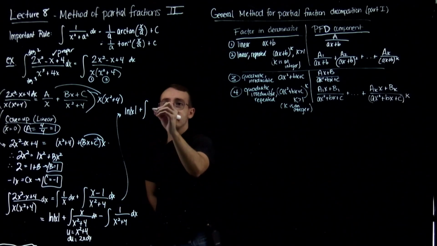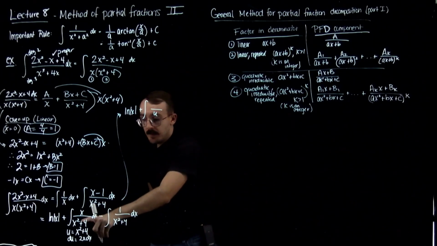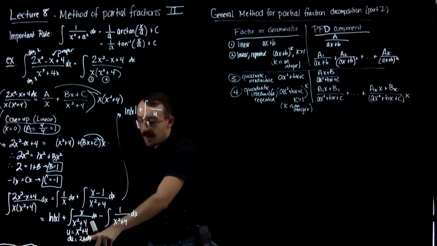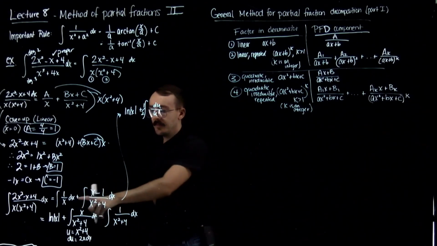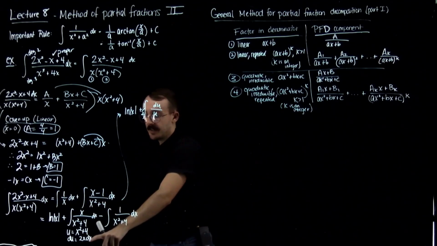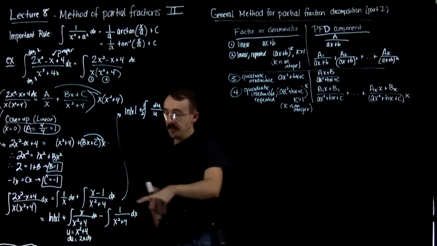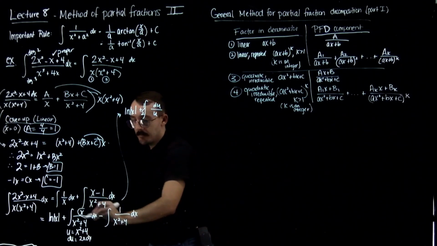Here, the denominator is u. And then here I have 1/2 du is x dx.